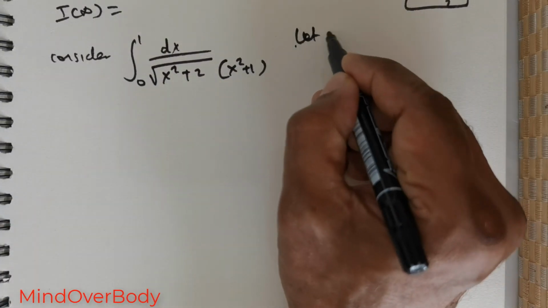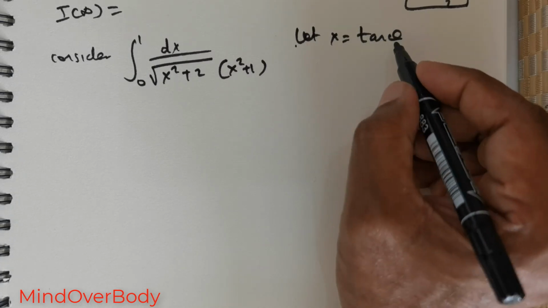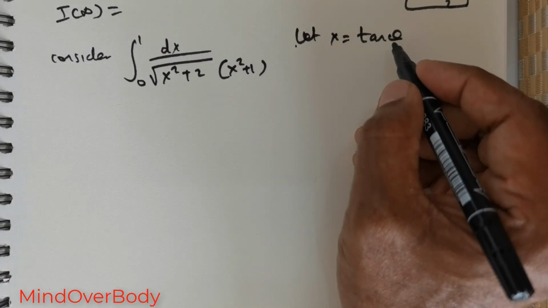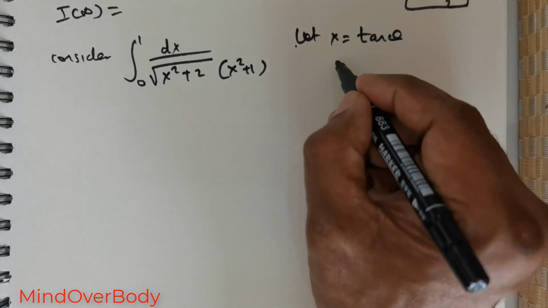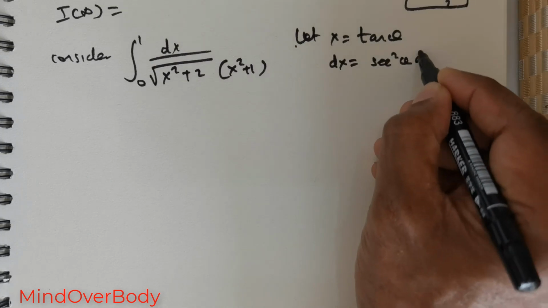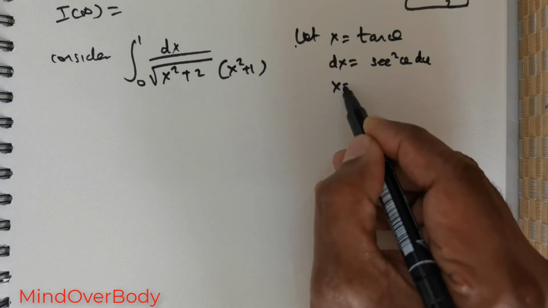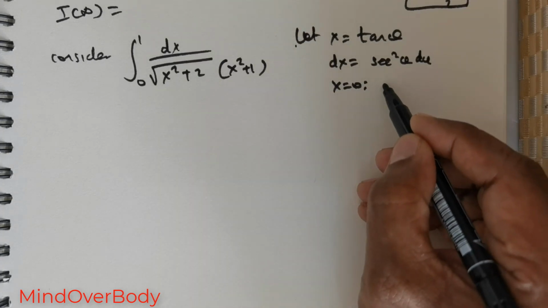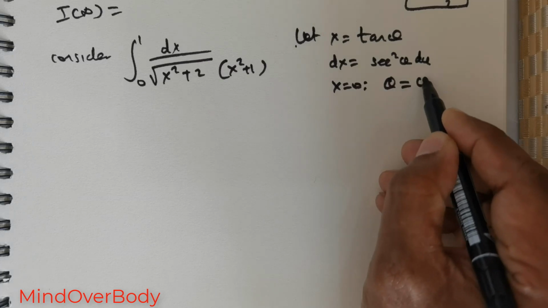So foremost what I wish to do is take x is equal to tan theta, right? So if I take x is equal to tan theta, I can get the value for dx. So dx is going to be equal to secant squared theta times d theta. So that's fine. But when x is equal to 0, my theta will be equal to 0.